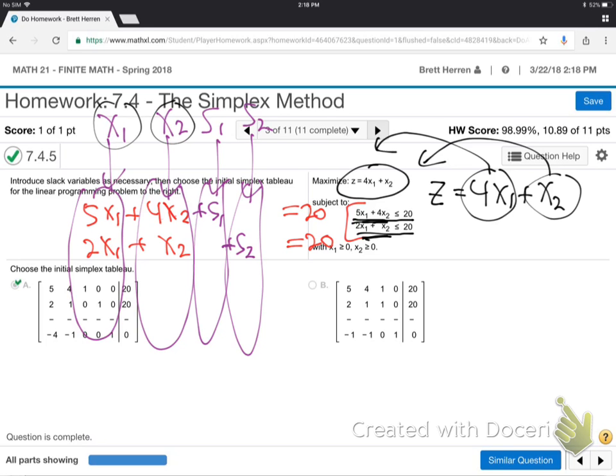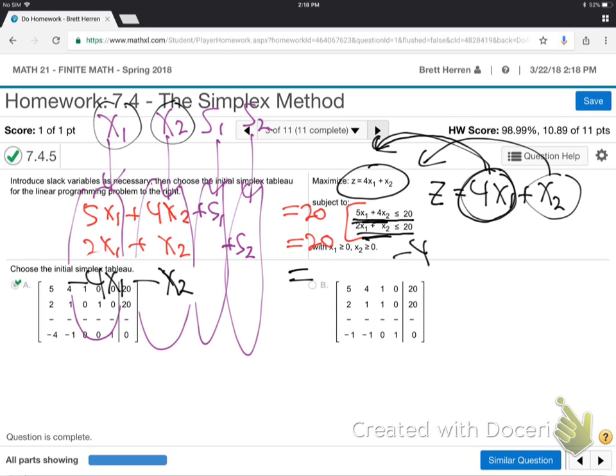Not the right side. So what happens when I jump that 4x1 to the other side? What happens when you move something to the other side? It becomes negative, huh? So that'll become negative 4x1, negative x2. Can you read that? I'm kind of writing on top of the other stuff. Negative 4x1 minus x2. See why they're negative? Because I jumped them to the left. Here's the equal sign.